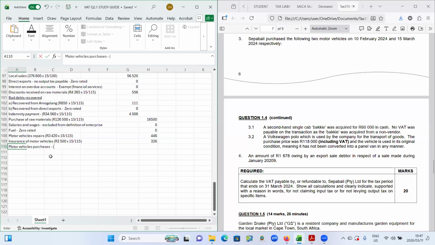So what should we do? Should we claim input tax? Remember, I said if all things are constant, you claim input tax on the purchases. But this one, should we claim?